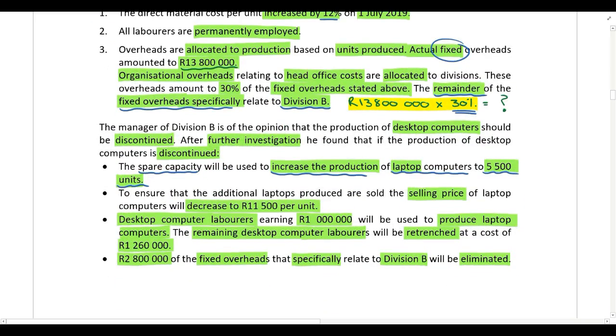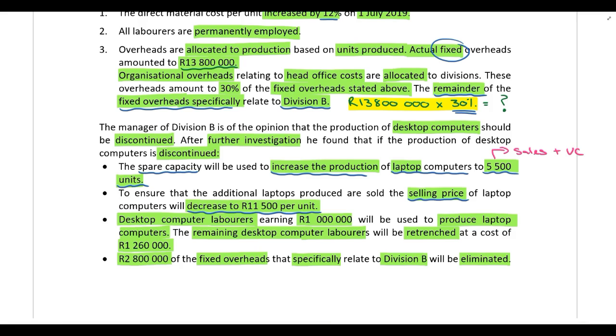Now please note, guys, this will obviously affect sales and it will also affect all of the variable costs relating to the production of laptop computers, because obviously if you're now producing more units, all of the variable costs are going to increase. Then in addition to that, it's important to note that the selling price of laptop computers is going to decrease to 11,500 Rand per unit to ensure that all of the additional laptops which are produced can actually be sold.